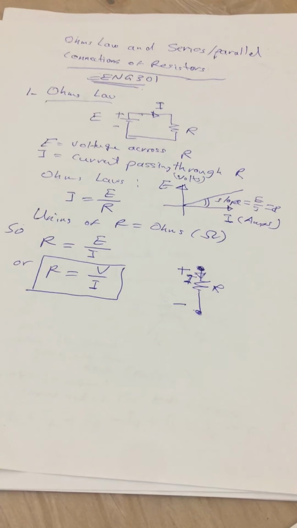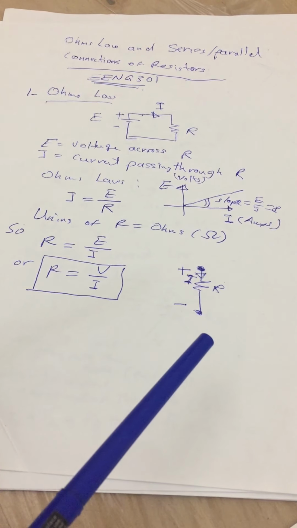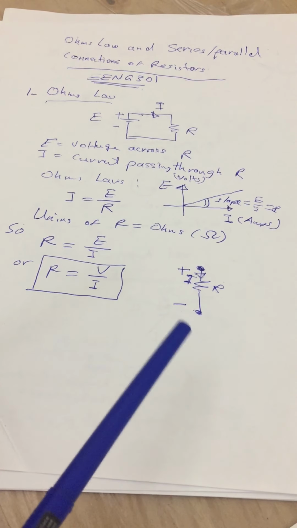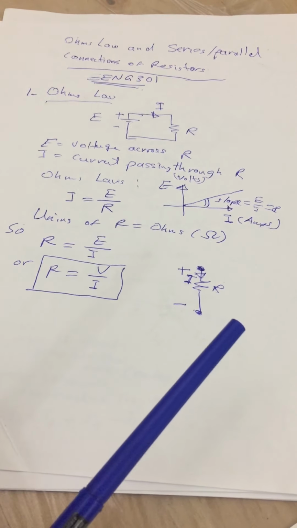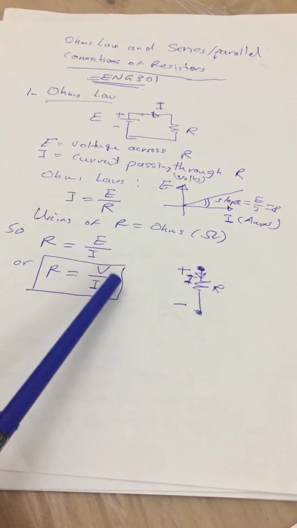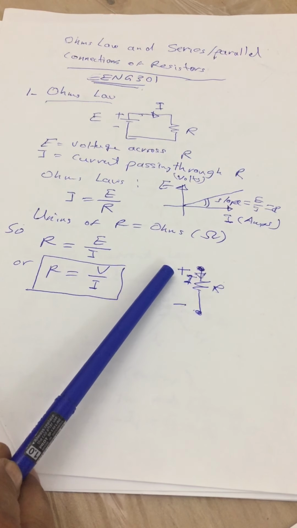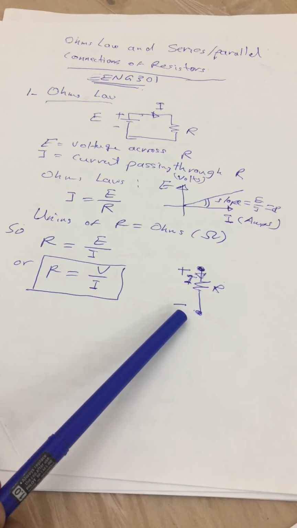This is basically the voltage-current relationship, which is Ohm's law. Notice that the current in the resistor shall flow from the higher voltage node to the lower voltage node.